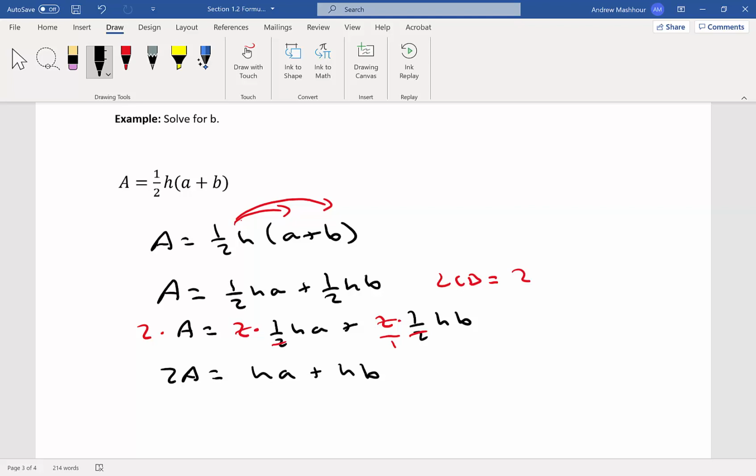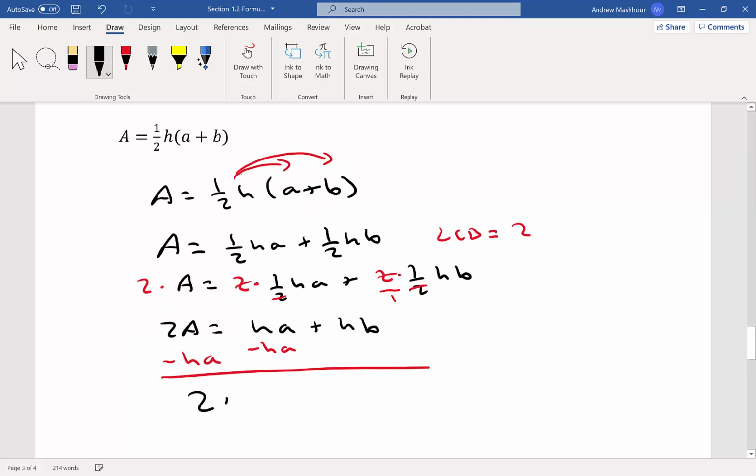So I want to get the b by itself. I want to get this hb on one side by itself first. So this ha, I'm going to have to move to the other side. Since this is a positive ha, we're going to subtract ha from both sides, and that will get rid of that.